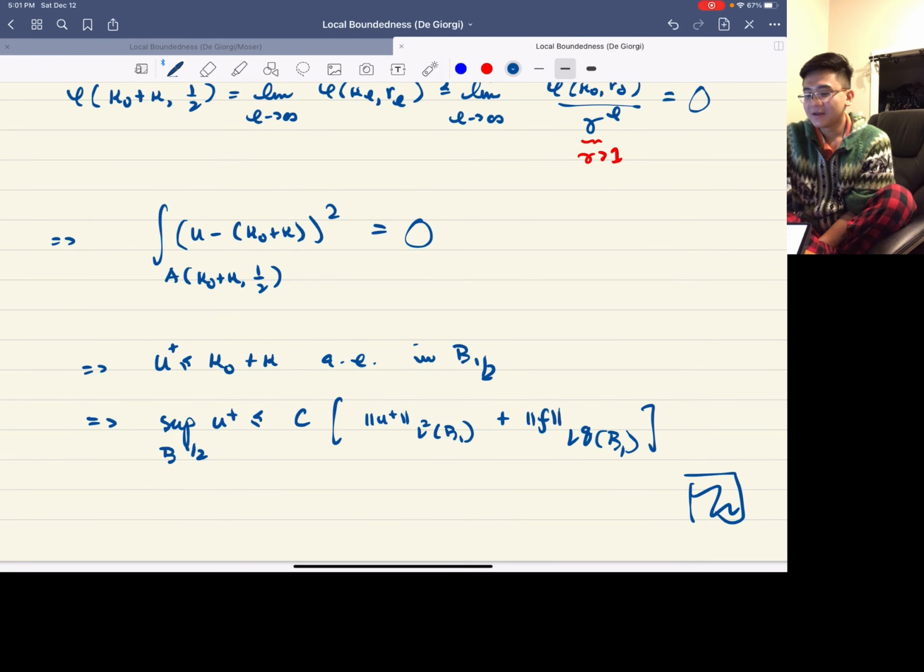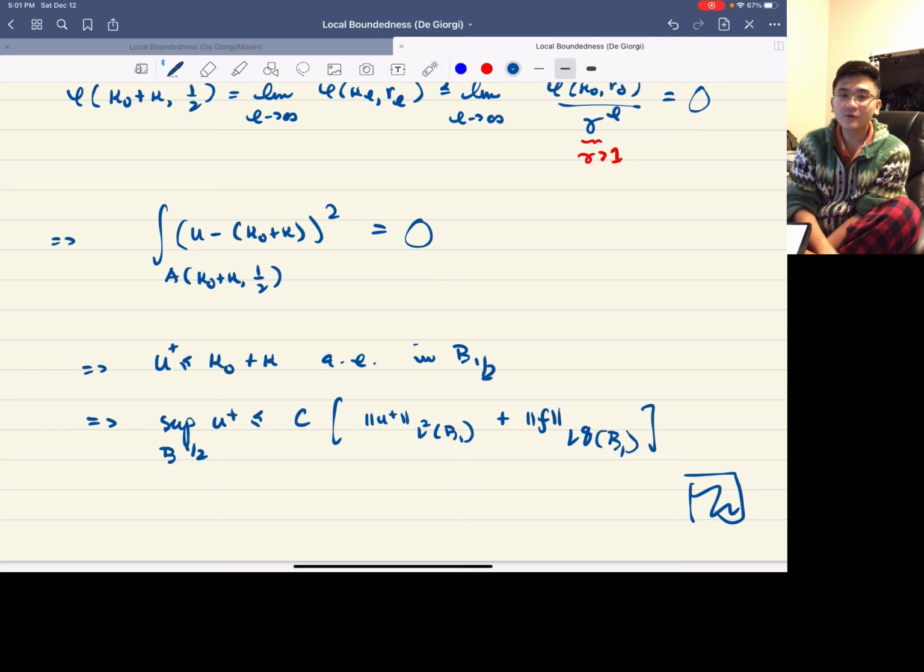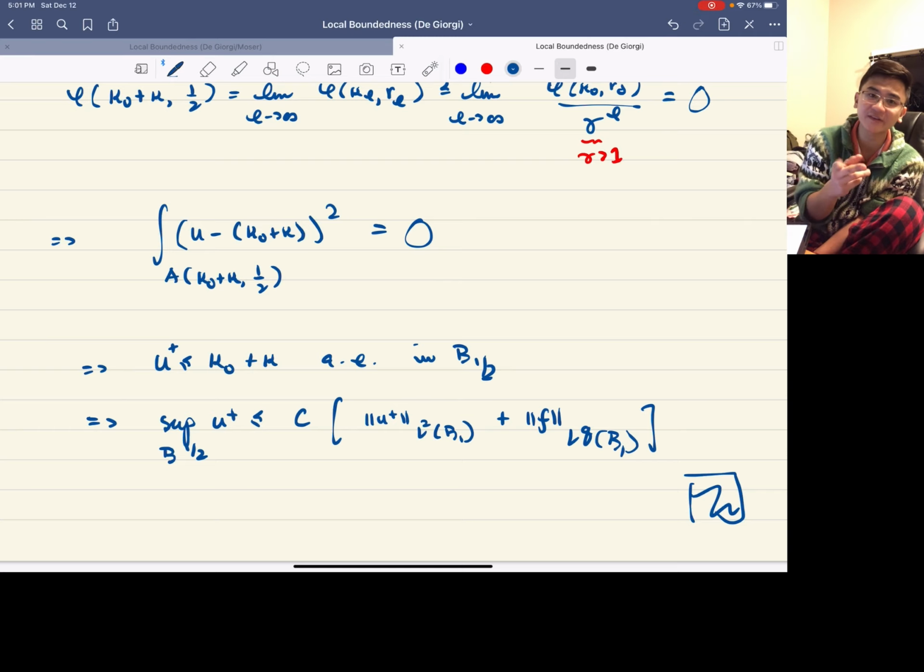Okay. So what we're going to do next is either look into Moser's approach and see that more or less they're kind of the same. In Moser's approach, instead of looking at these truncations of u, we get a reverse Hölder inequality.